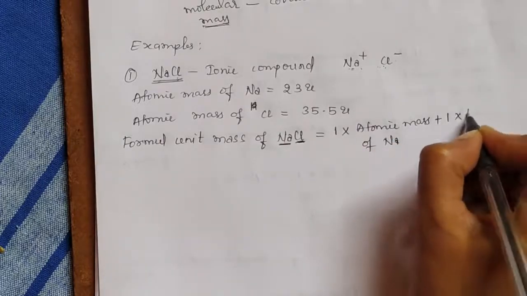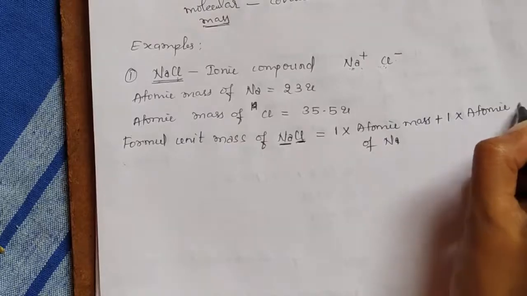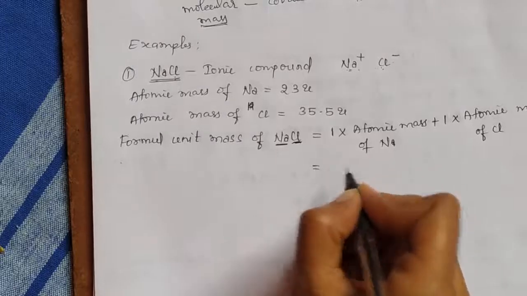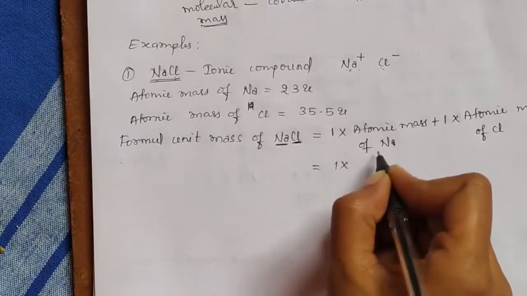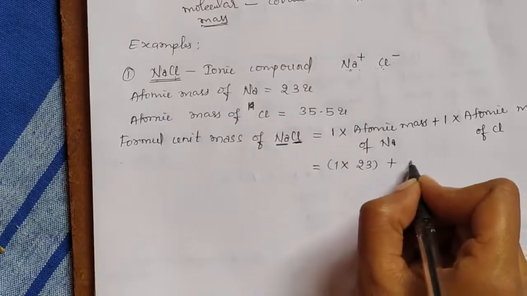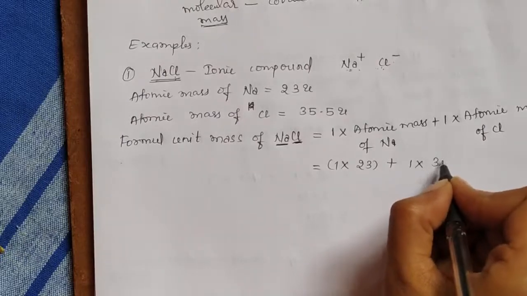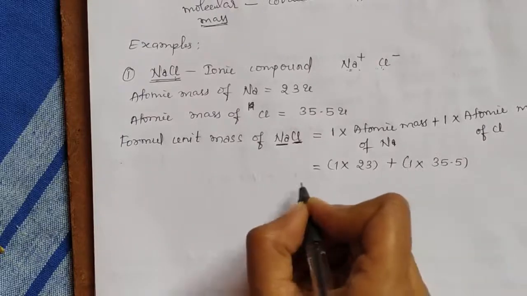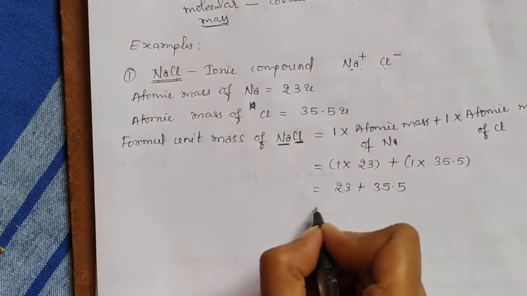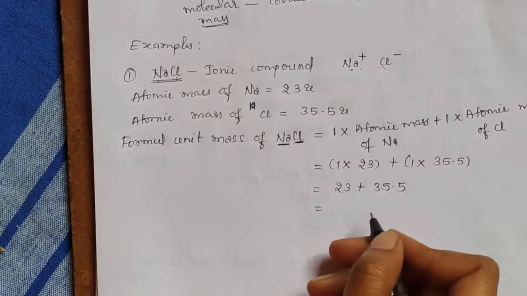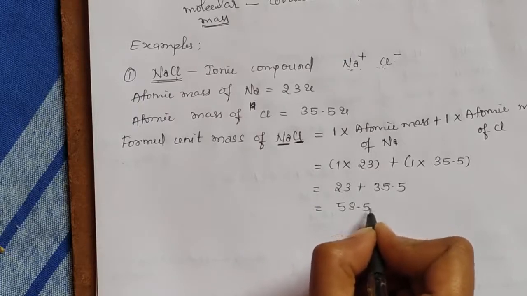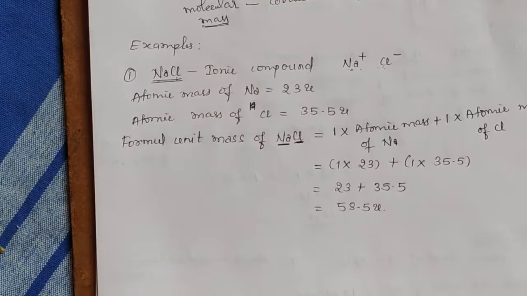So, 1 into atomic mass of chlorine. Now, we will put the values: 1 into atomic mass of sodium, that is 23, plus 1 into atomic mass of chlorine, that is 35.5. We will get 23 plus 35.5 is equal to 58.5 atomic mass unit.